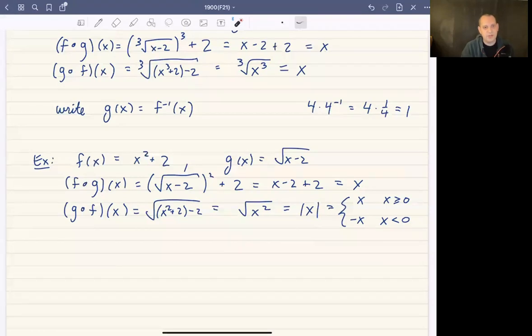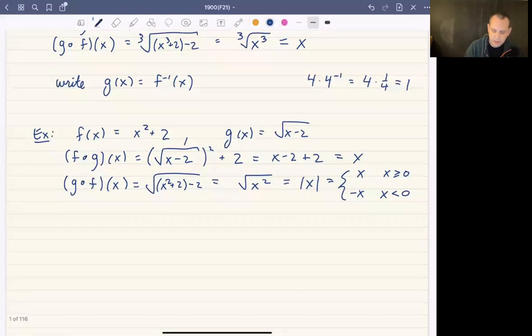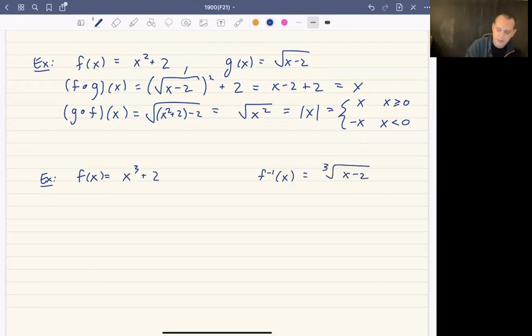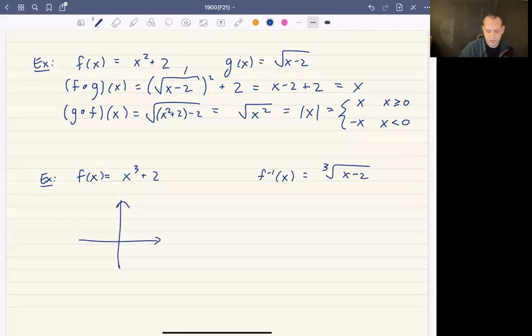And there's a geometric story about what's happening as well. So let's look at x cubed plus 2 and its inverse. So if we were to go back and look at the function x cubed plus 2 and its inverse function, I'm going to use the new notation now, the cube root of x minus 2. And if you were to graph them, well, x cubed plus 2 is just going to look like x cubed.